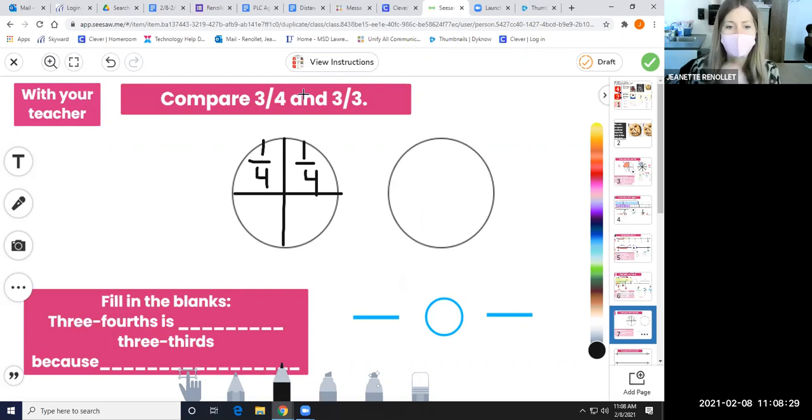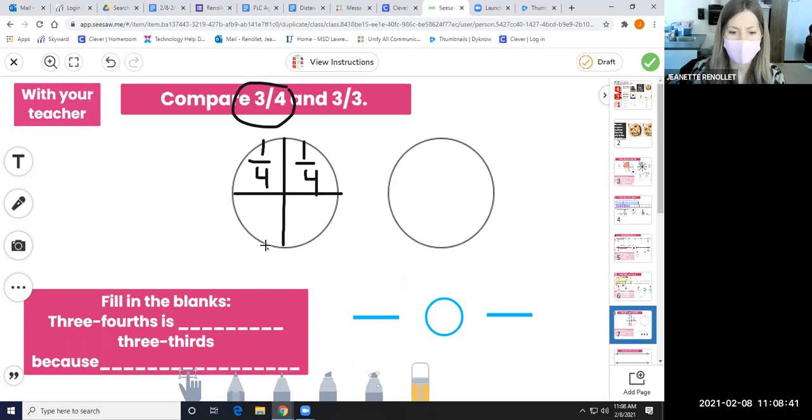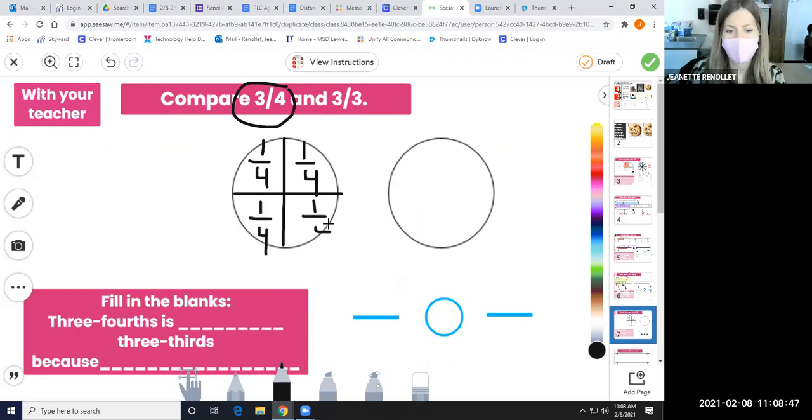I'm seeing some kiddos who are taking the given fraction and labeling each part like this. That doesn't make sense because each part is the unit. Each part is 1 out of 4. On the right, you should have 3 equal parts, and each part should be labeled 1/3.